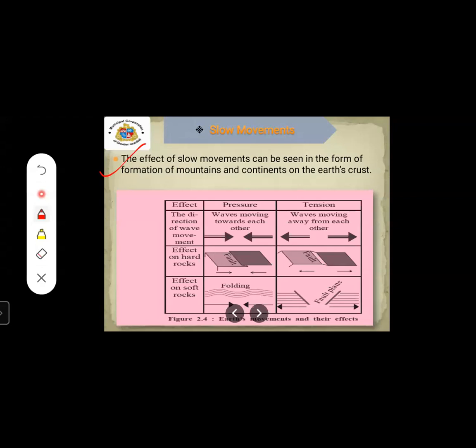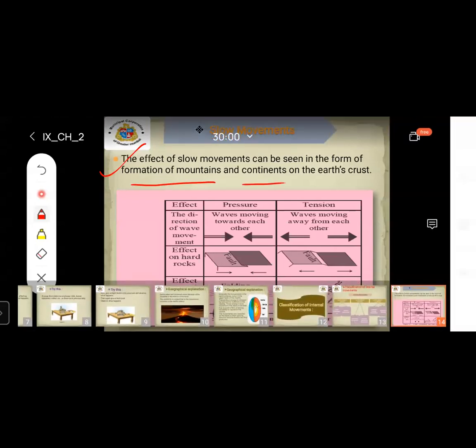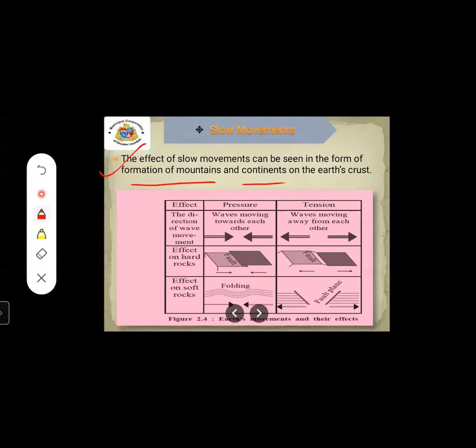Yes, like the formation of mountains and continents, means how the new mountains and new continents are formed with the slow movements. The effect of slow movements can be seen in the formation of mountains and continents on the earth's crust. Now these slow movements, when they occur, students, there is an effect. That effect we are going to see here.